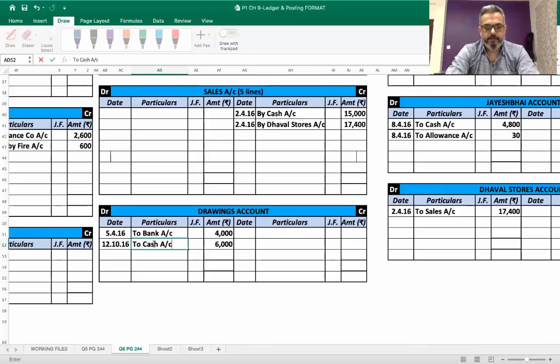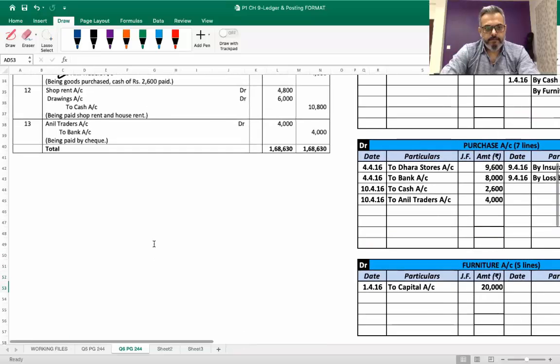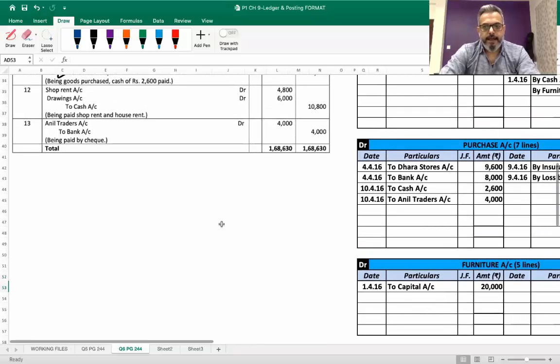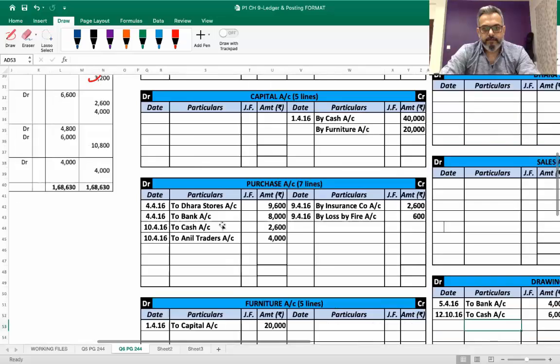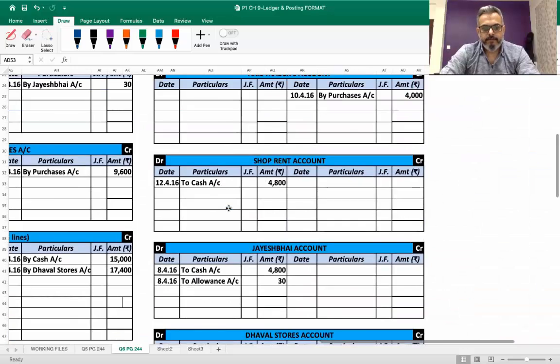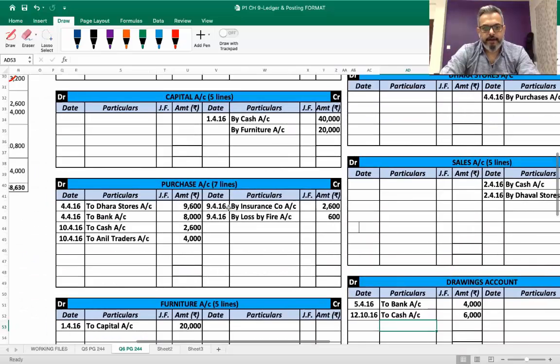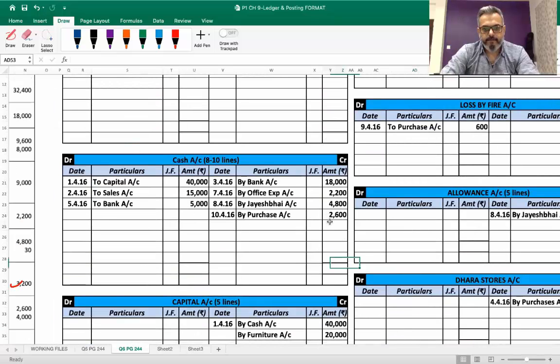To cash account 6,000, and cash account credit side 10,800. Cash account credit side 4,800 and 6,000, 12/4/16.